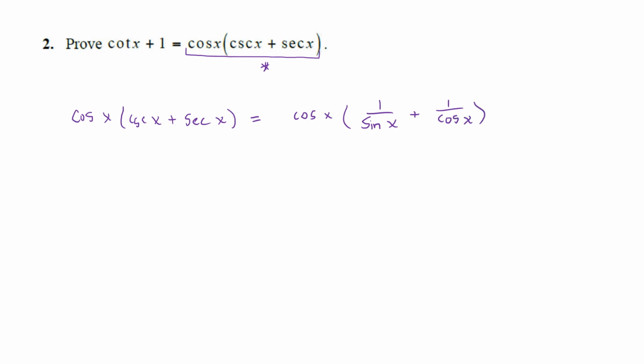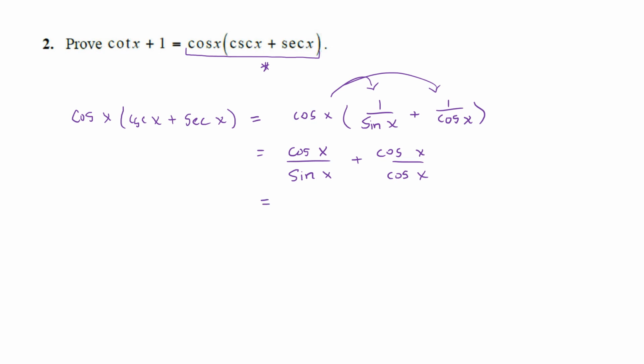Okay. Now I'm going to distribute the cosine to each term. So that'll be cosine x over sine x plus cosine x over cosine x.